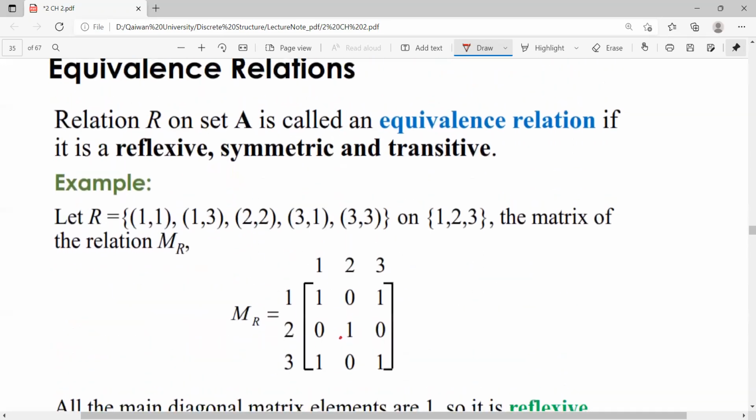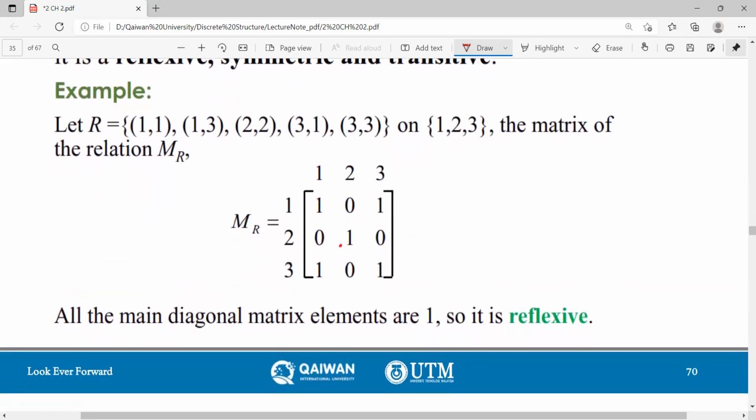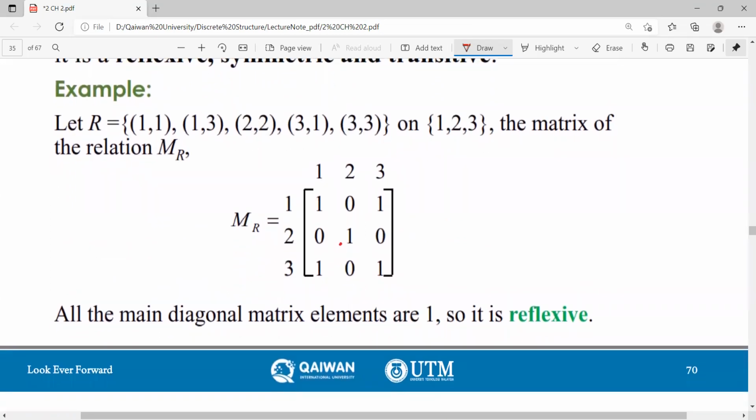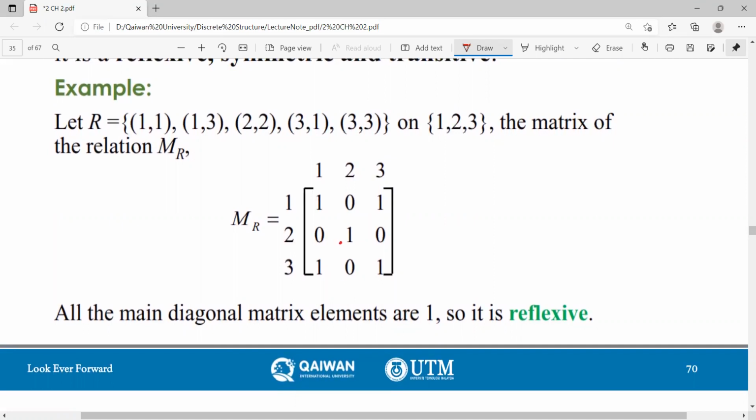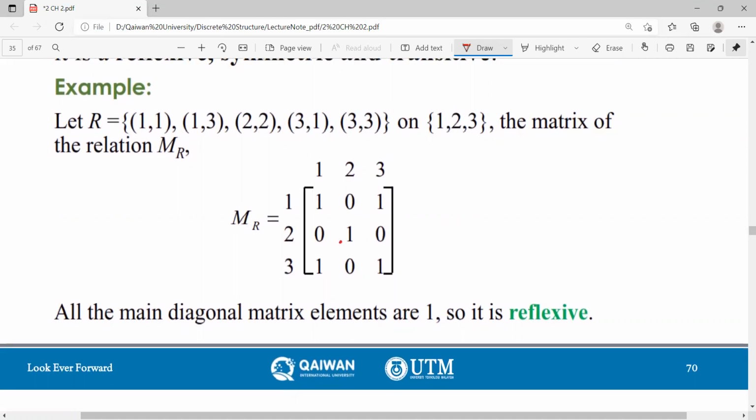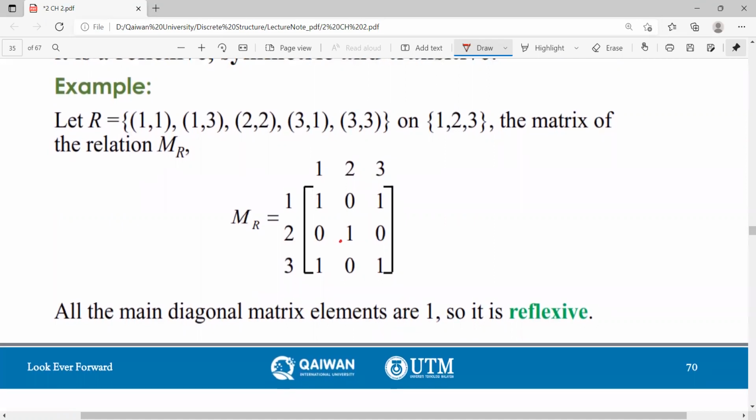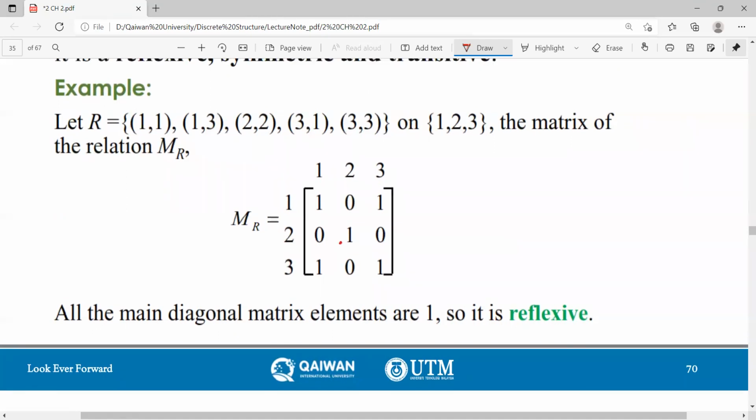Because for reflexive, if all elements on the main diagonal are 1, we say that's reflexive. For symmetry, we find its transpose, and if it equals itself, we say that's symmetric. And for transitive, we find the Boolean product of the matrix with itself. If it equals itself, we say that is transitive.